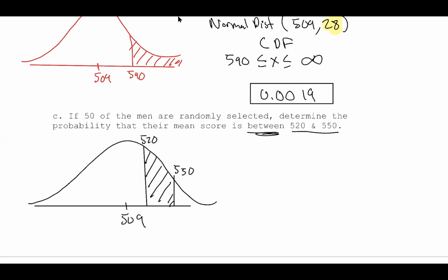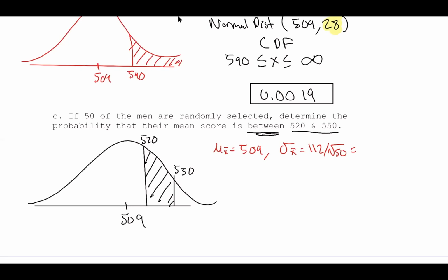So for this one, now we are changing the sample size again. Instead of it being 16, now we're saying it's 50. So we have to find mu of x bar, which is still 509, but we have to find sigma of x bar, which is going to be 112 divided by square root of 50.